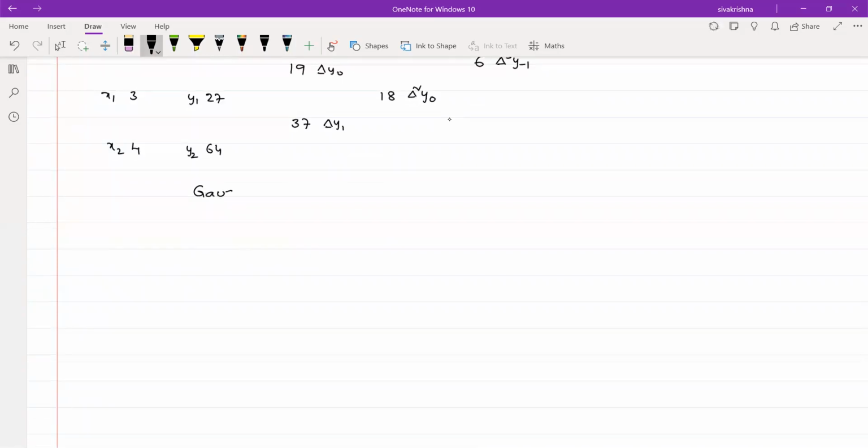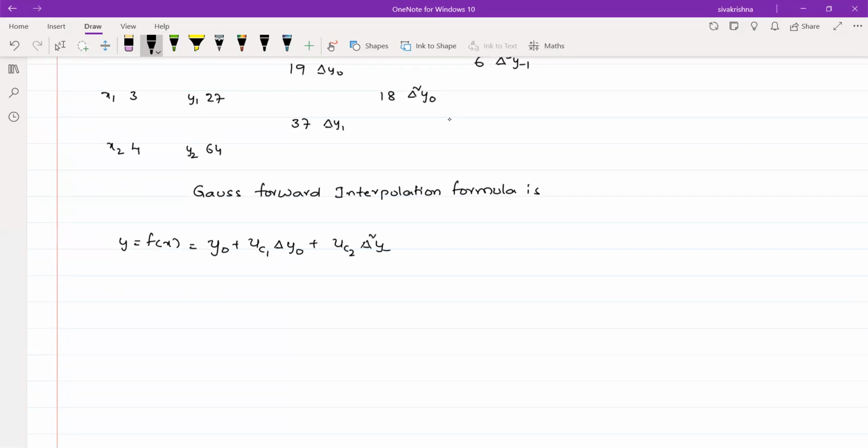The Gauss forward interpolation formula is: y is equal to f of x, which is equal to y naught plus u into (u C 1) into delta y naught, plus (u plus 1) C 2 into delta square y suffix minus 1, plus (u plus 1) C 3 into delta cube y suffix minus 1, and so on.